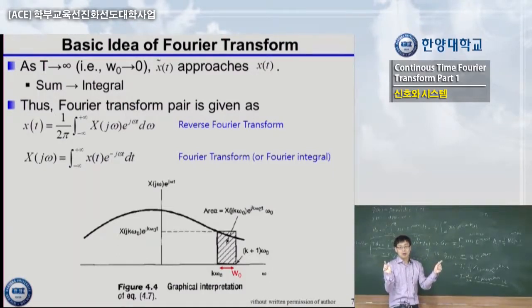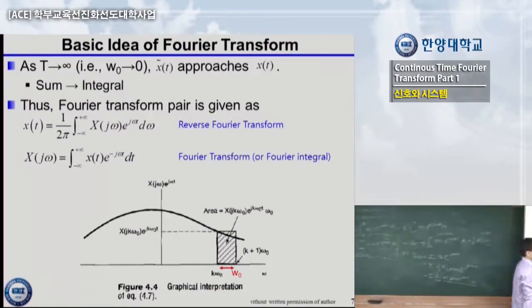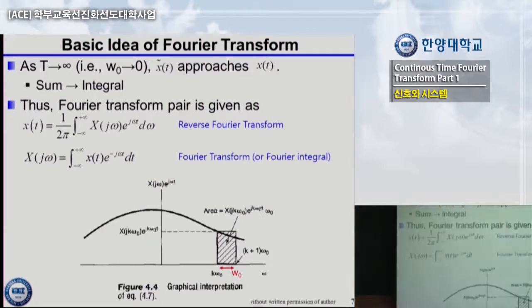However, as omega 0 goes to infinitely small, then this summation will change to integration, right? Because integration also has the same claims. Integration is finding an area at each block, like this block, and this block, and this block has some area, and we make those spacings small to find the integration, which is this line. So this one also follows a similar logic.